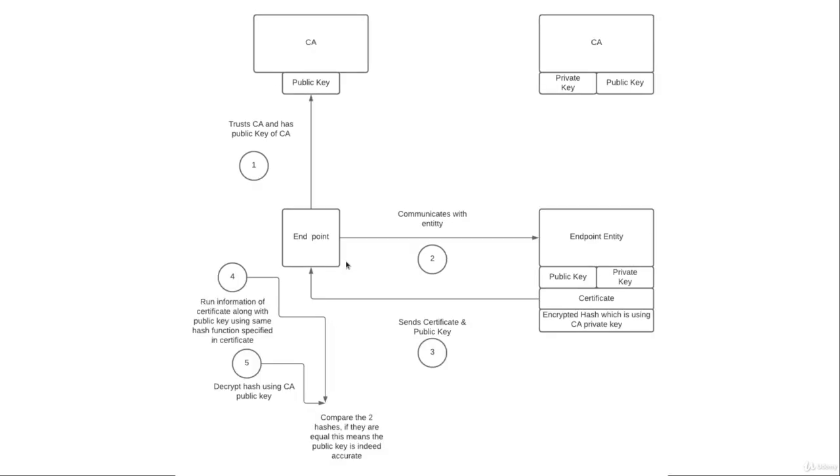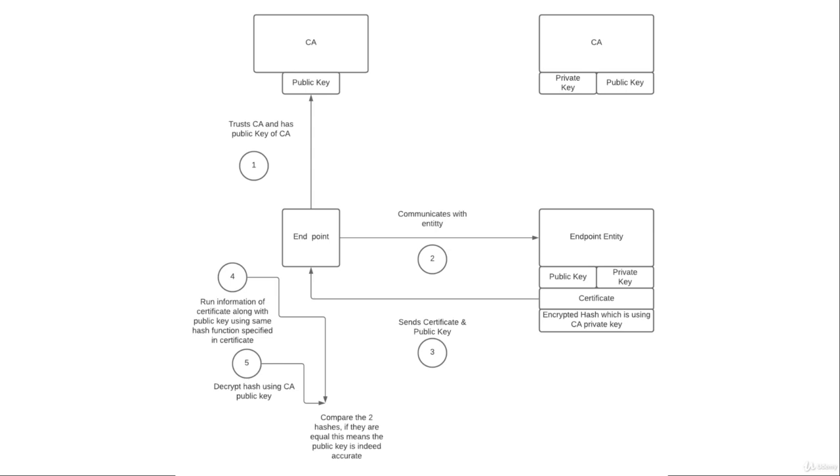Remember, this is the signature that was added to the certificate and signed by the certificate of authority, using the certificate of authority private key. What gets encrypted by the private key gets decrypted by the public key. The initiating entity has the public key, so it's able to decrypt the signature to get the hash.